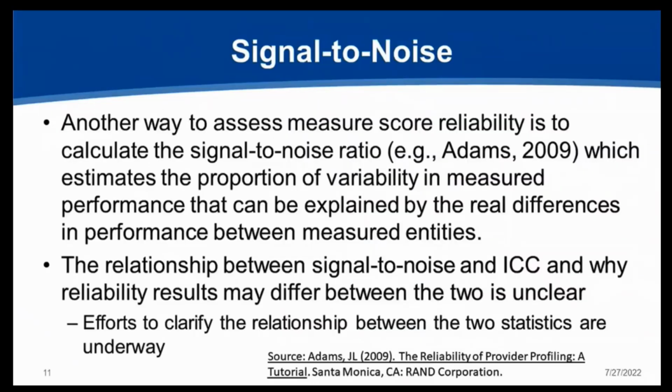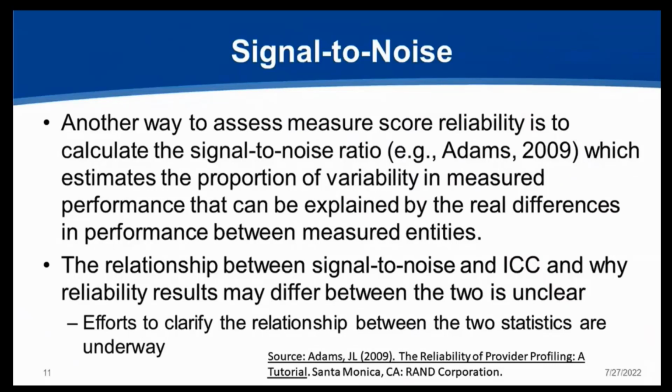So another measure of reliability is signal to noise, and that's calculated in a different way. It's explained in this Adams paper, and it estimates the proportion of the variability that can be explained by the differences in performance between the entities, by calculating the measure variance and then the total variance.